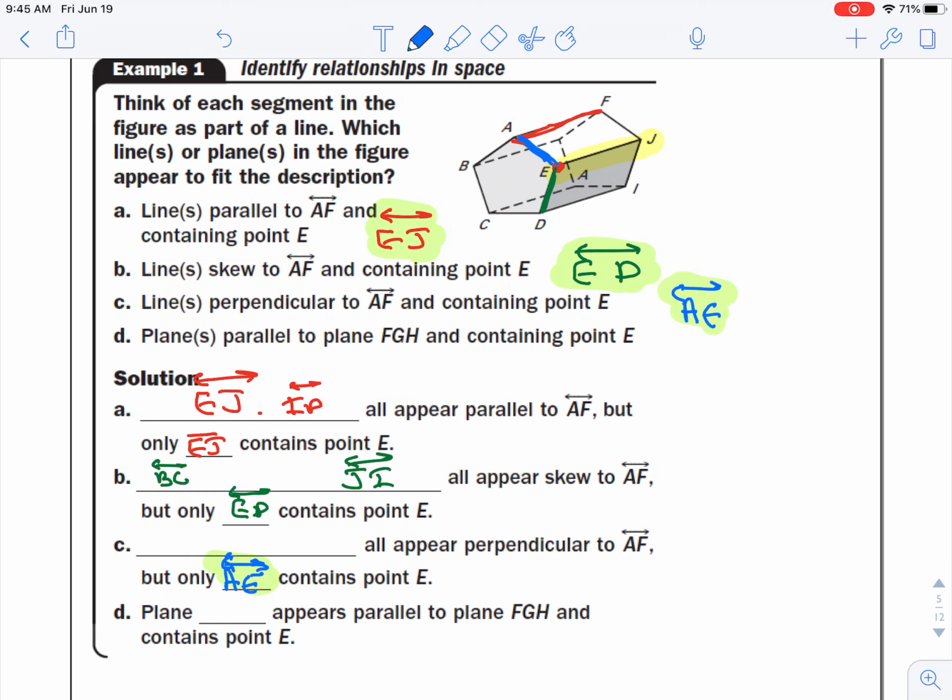So again, what other lines could be perpendicular to AF? Well, it looks like you could have AB might also be perpendicular to it as well. And the last question asks, which plane appears to be parallel to plane FGH? So let's look at plane FGH.